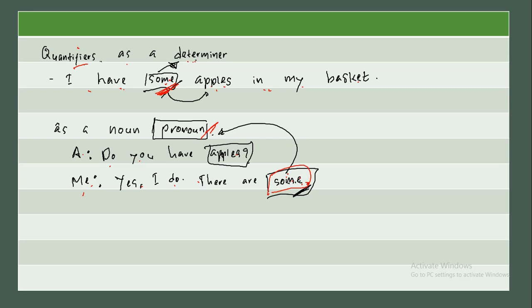It has become a pronoun because it replaces, not modifies, the apples. So I do not need to say apples anymore. It's just enough for me to say yes I do, there are some.